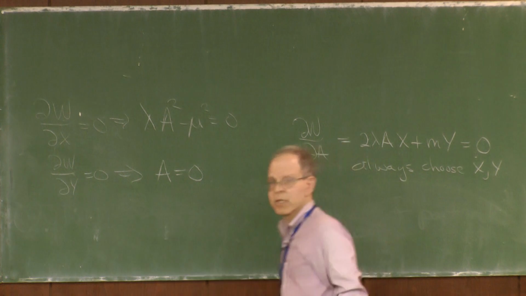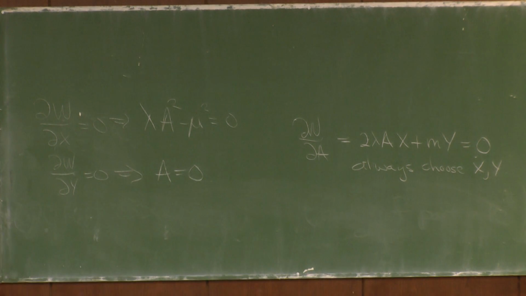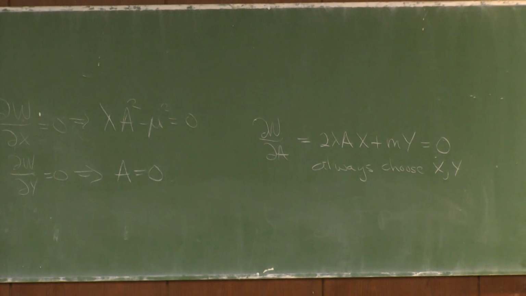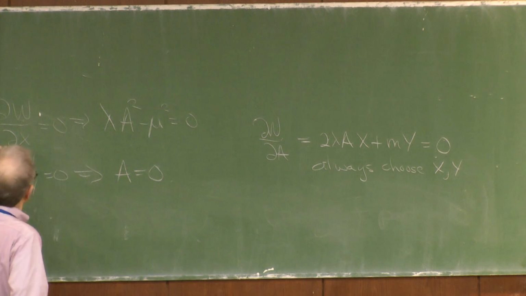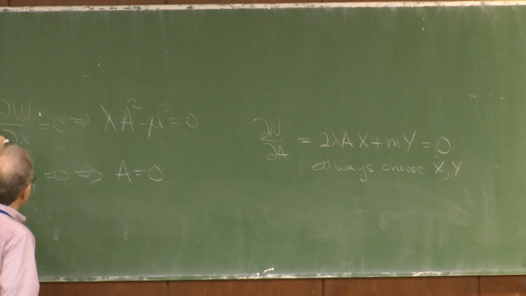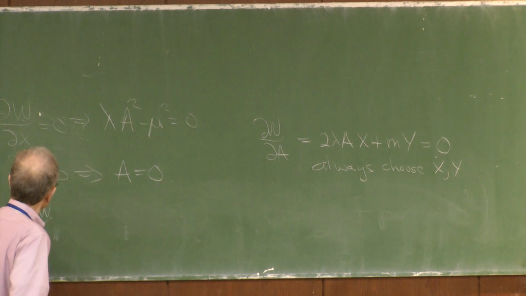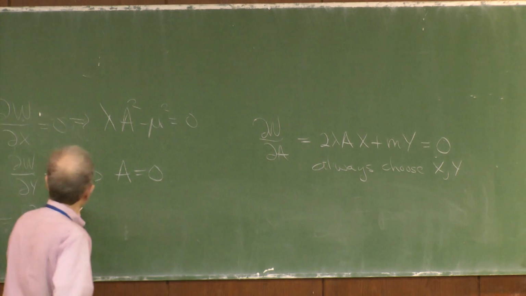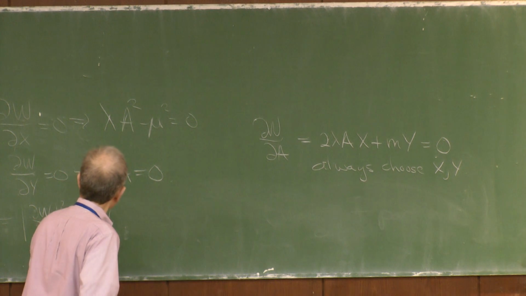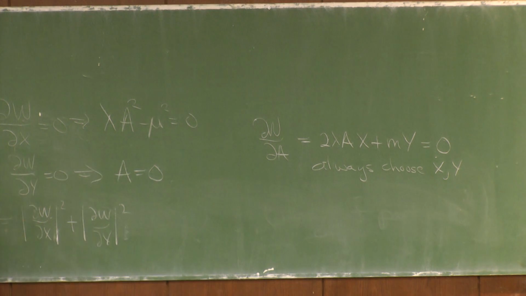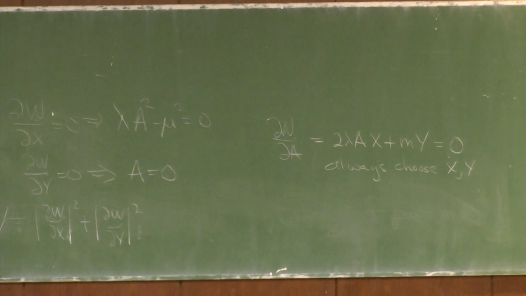I'll come back to this in a moment. In any case, if I now look at the potential, I can just look at the absolute value of dW/dX squared plus dW/dY squared. This is just some polynomial, and I've only got 3.5 minutes left or so, so I won't minimize this.